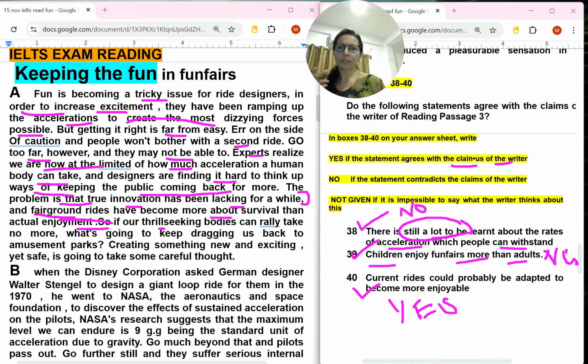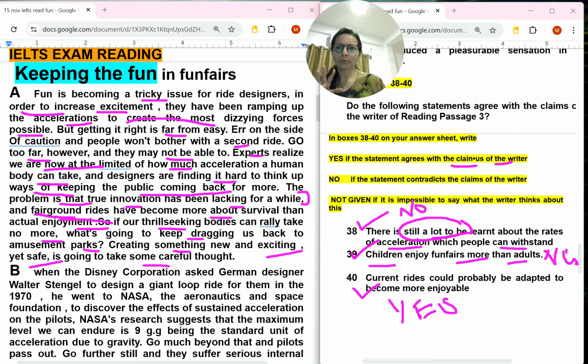So if our thrill-seeking bodies can really take no more, what's going to keep dragging us back to amusement parks? Creating something new and exciting, yet safe, is going to take some careful thought. They are talking about could probably be adapted to become more enjoyable. This is yes.